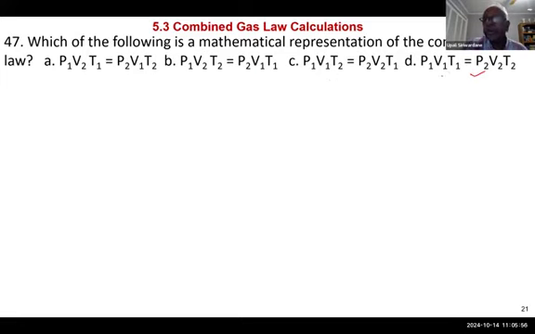Let me think about this. This is not correct. P1 V1, T2, that's not correct. P1 V1, that's correct. P1, this is incorrect. So is this. The answer is C.